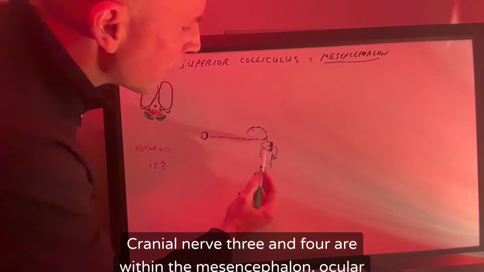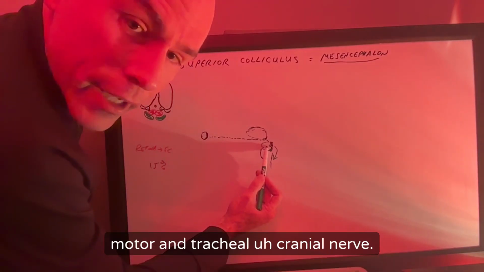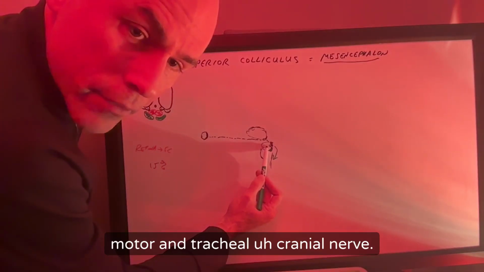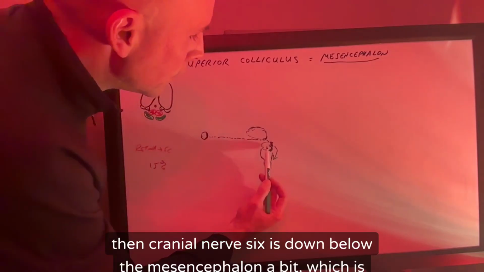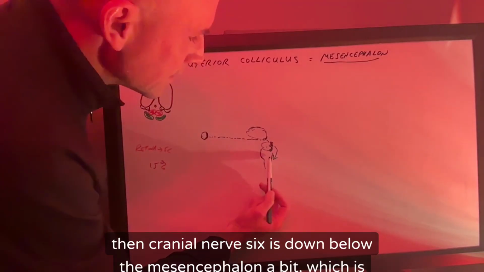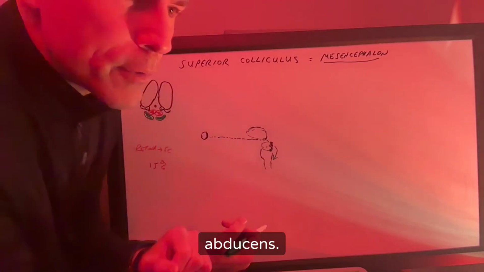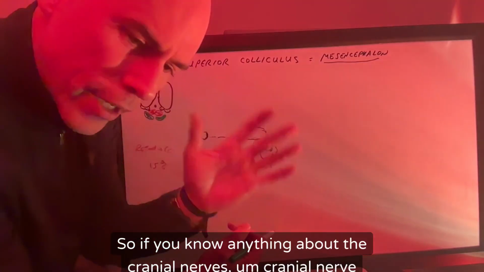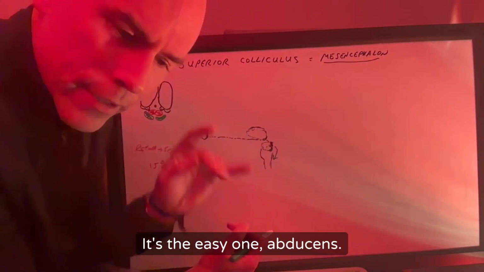Cranial nerve 3 and 4 are within the mesencephalon, oculomotor and trochlear cranial nerve. Okay, this is for eye movements. And then cranial nerve 6 is down below the mesencephalon a bit, which is abducens. If you know anything about the cranial nerves, cranial nerve 6 is the easy one, abducens.